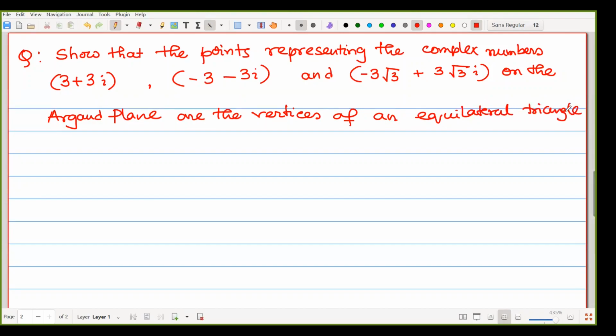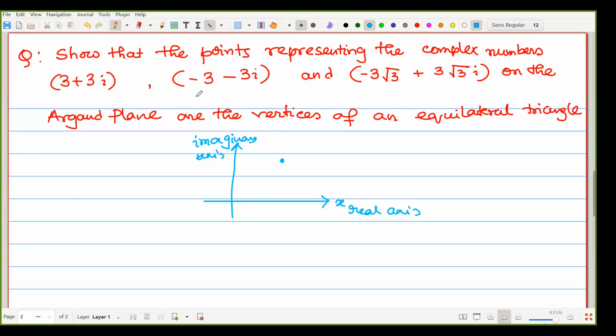Now, when we are discussing the Argand plane and the position of any complex number, once again I am describing it in that way. Suppose that is our imaginary axis, and that is our real axis. Now suppose the first point is represented here, that is 3 plus 3i.